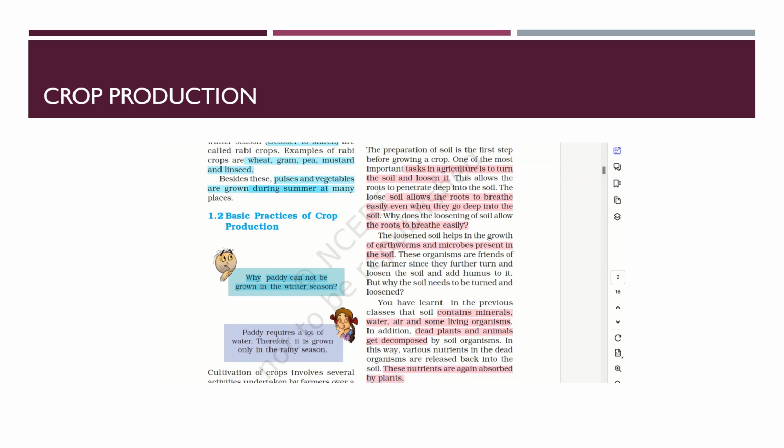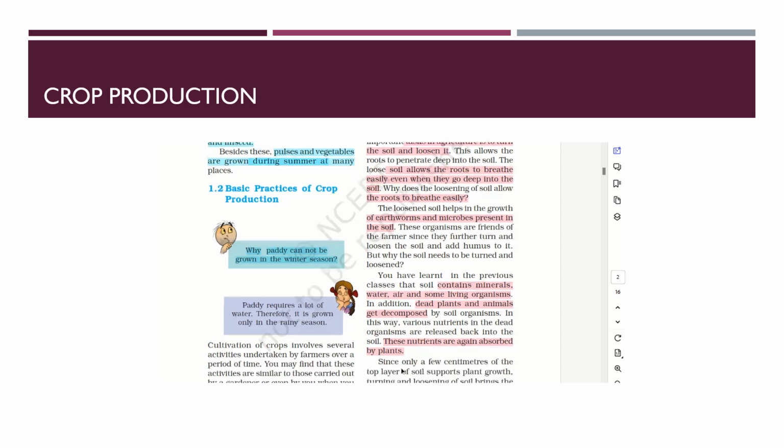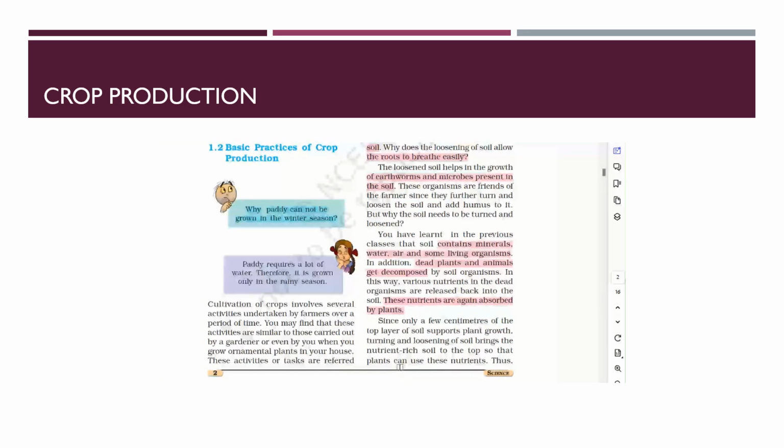This is the process by which the soil is made more fertile, or prepared for the sowing of the seeds. Is it clear? Now we will move on to how the seeds are sown in the soil. That we will read in the next slide.